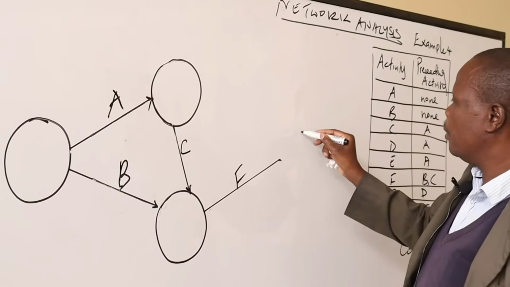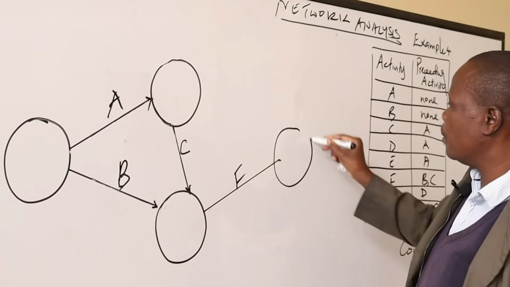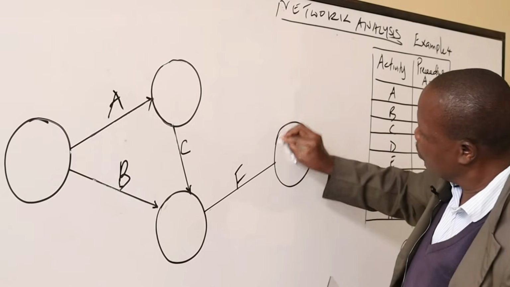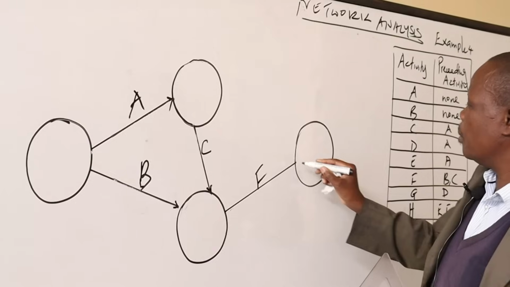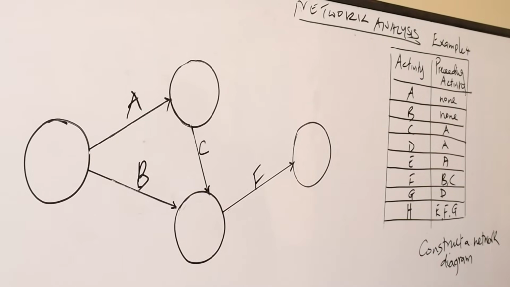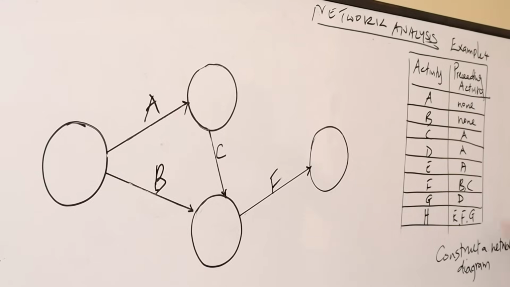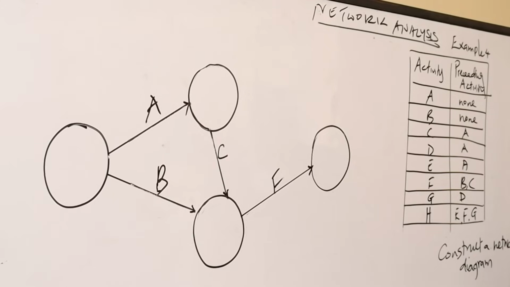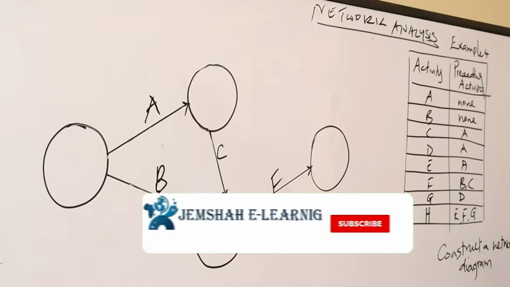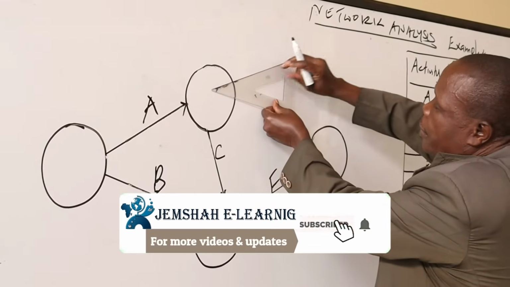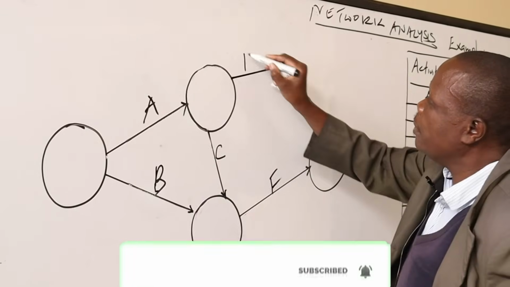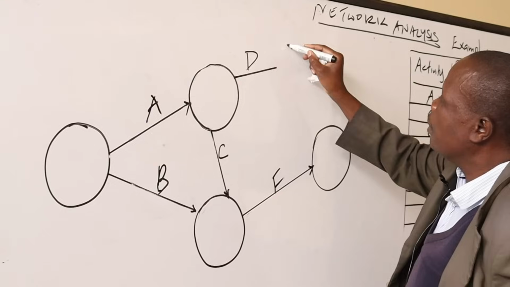Then the node must be indicated. Then that is B and C giving rise to F. Then A is giving rise to D. A is a preceding activity to activity D. So this one comes from here.